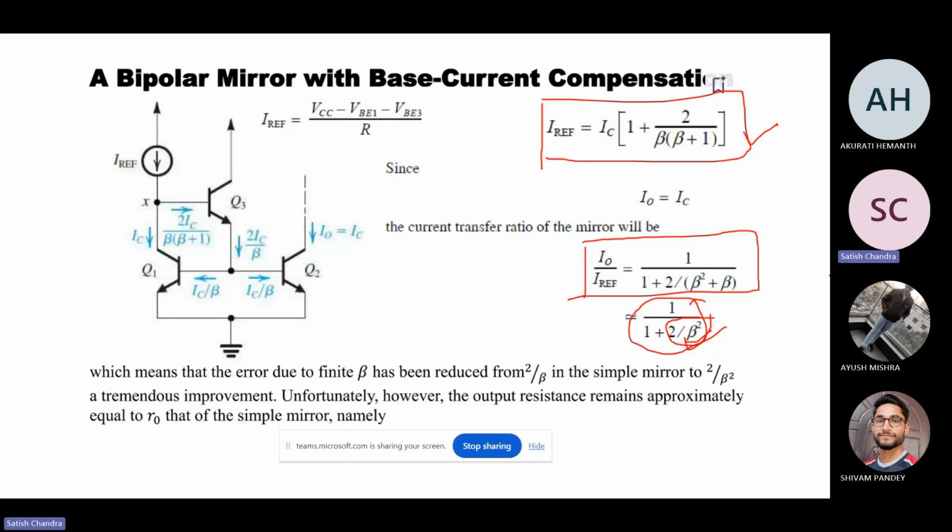So basically, we can directly say the beta factor is gotten rid of, which means that the error due to the finite beta has been reduced from 2 by beta, which we attained in the case of a simple mirror, to 2 by beta square. That is a tremendous improvement. Unfortunately, however, the output resistance remains approximately equal to the R0, as in the case of the simple mirror.